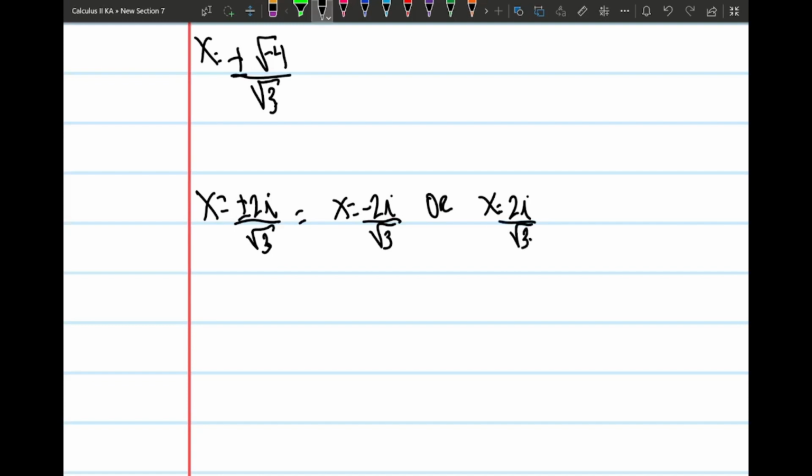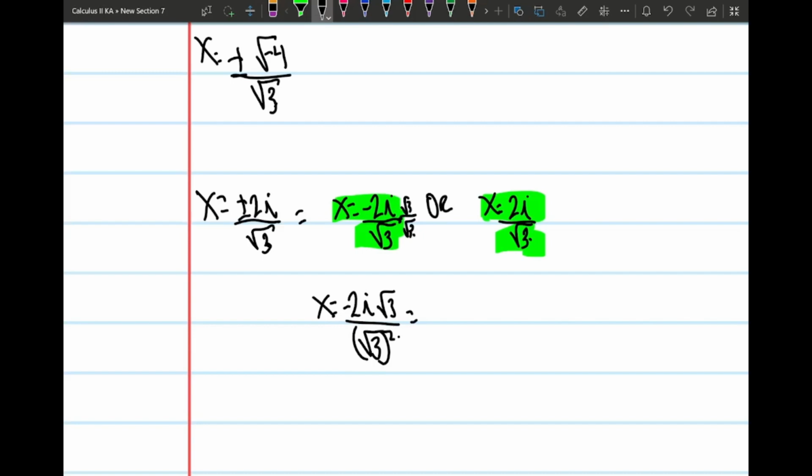We're going to rationalize these two, because again, we don't want a square root on the bottom. So the way this is going to go is x equals negative 2i square root 3 over the square root of 3 squared, because we're just multiplying times square root of 3 on top and bottom.